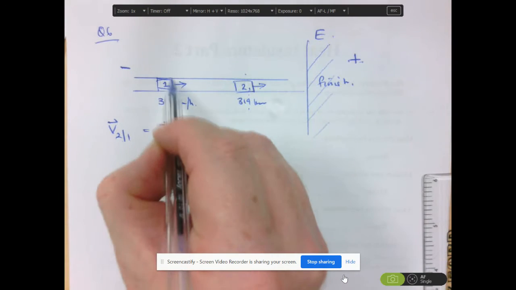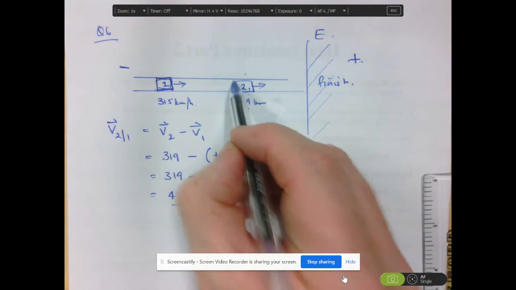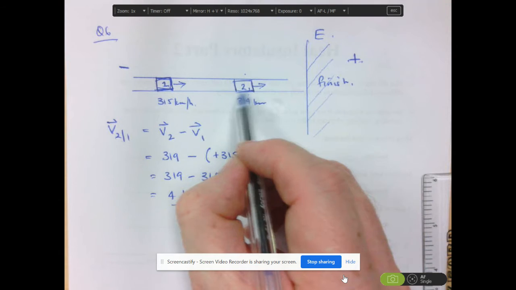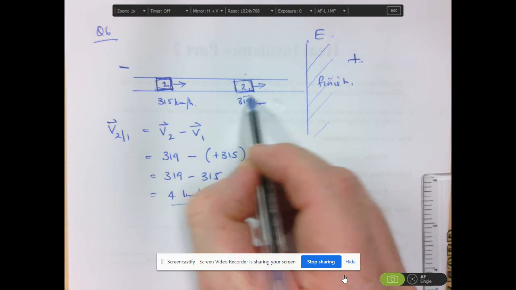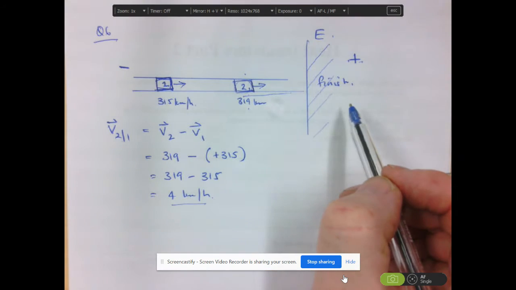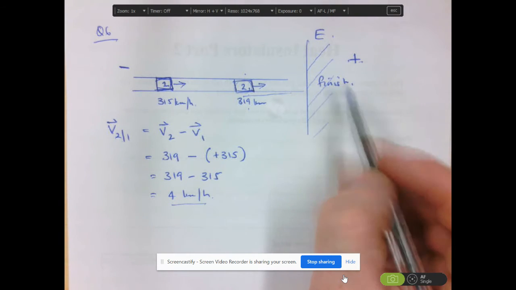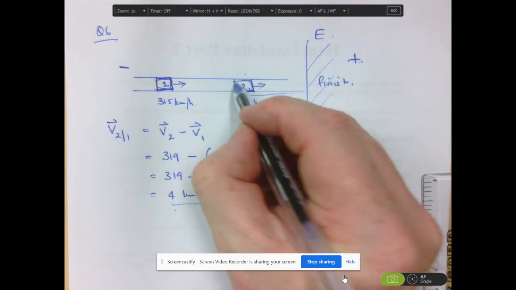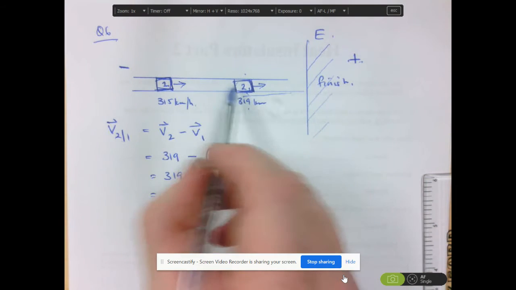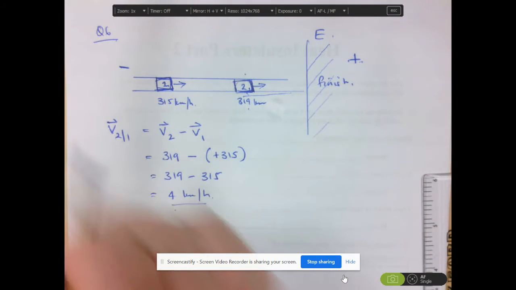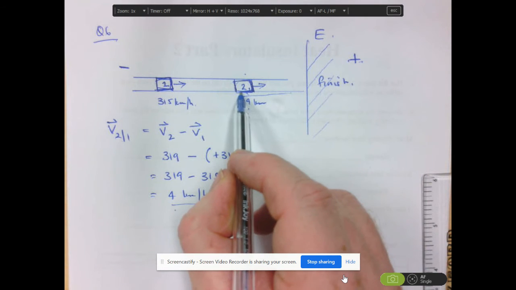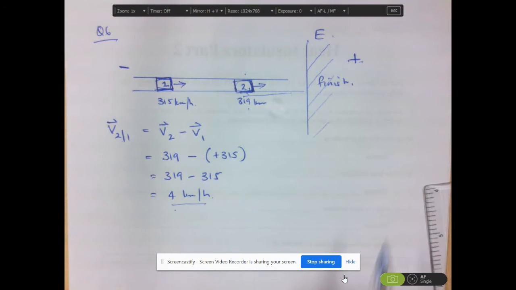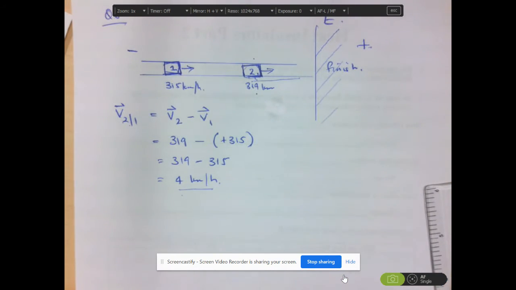In other words, if you pretend that you were stationary and everything is stationary, all that you would see is car 2 move forward at 4 kilometers per hour. If we did the opposite direction, we would have got minus 4 kilometers per hour. In other words, if you were in car 2, you would see car 1 move backward if you considered yourself to be stationary. So that's question 6.